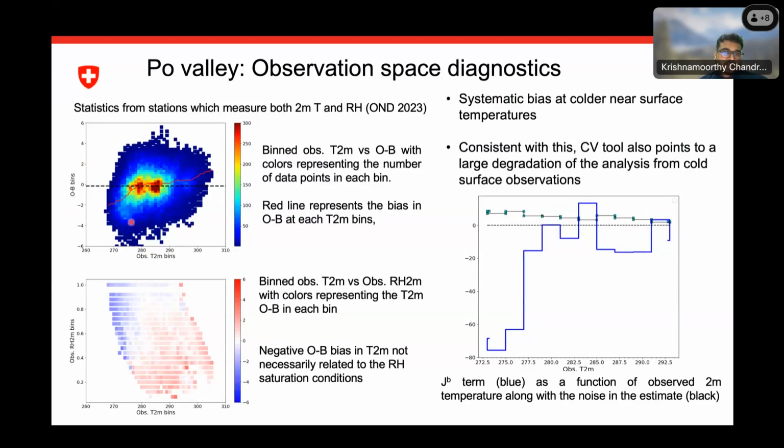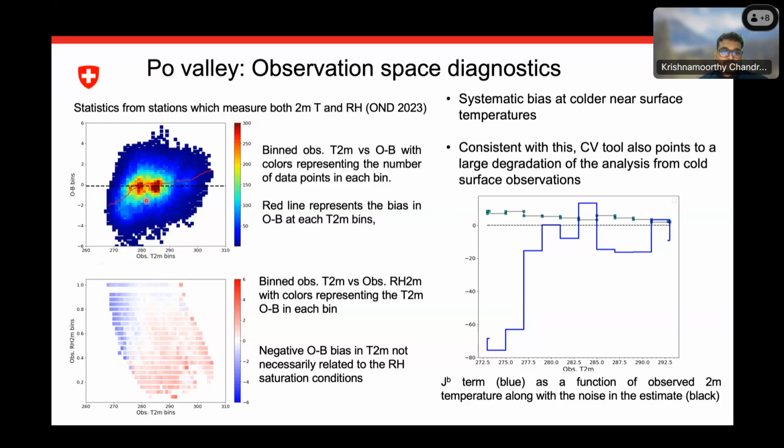The colors represent the number of data points at each bin. The red line is the systematic or conditional bias at each observed 2-meter temperature bin. What you see is that when we go to colder surfaces, we see a large negative bias in the O minus B.